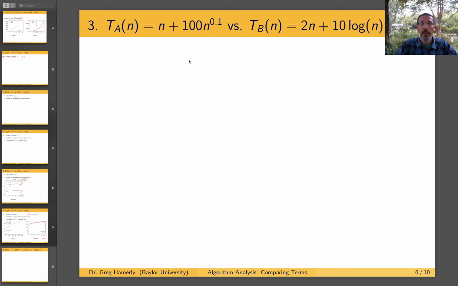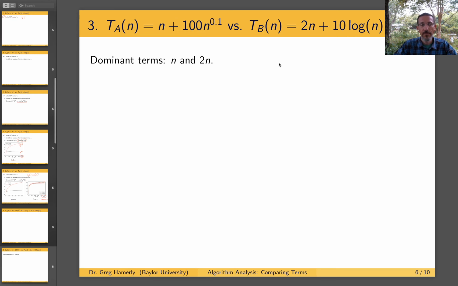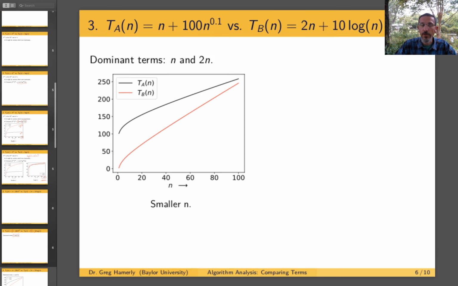Okay, here's another one, n plus 100 n to the 0.1, or 2n plus 10 log n. And the dominant terms here are actually this term and this term, and we can ignore these terms. And when you look at these two terms that dominate, how would you compare them in terms of their growth rates?